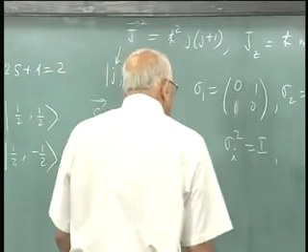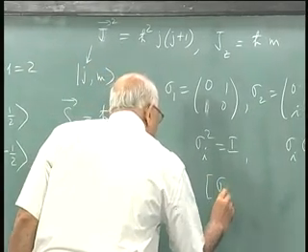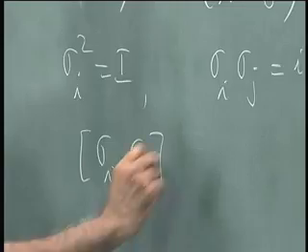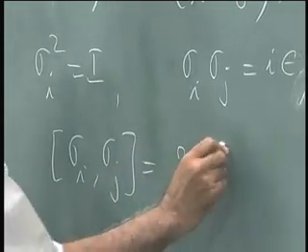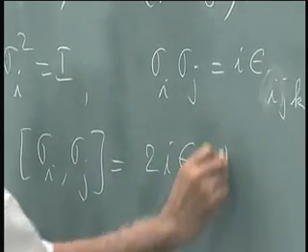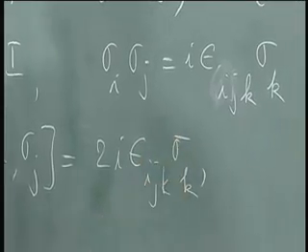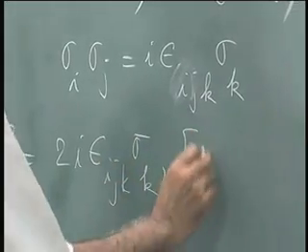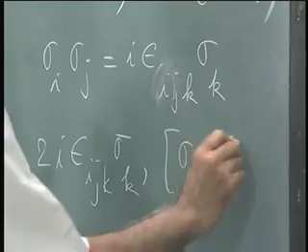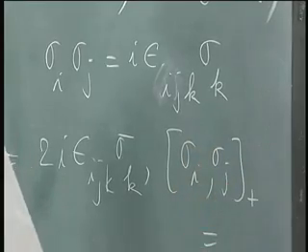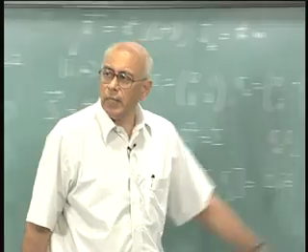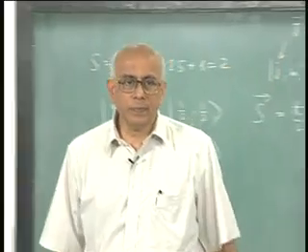It is easy to see that the commutator of sigma i and sigma j is equal to 2i epsilon ijk sigma k, and the anti-commutator of sigma i and sigma j is equal to, what is this equal to? The square of each of them is equal to 1, and if i is equal to j, then you just get twice the unit matrix.